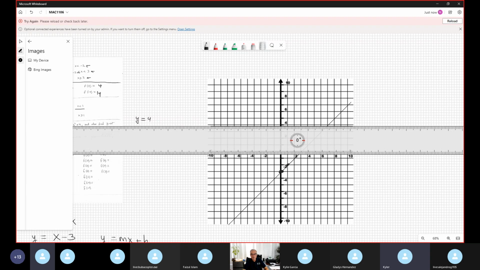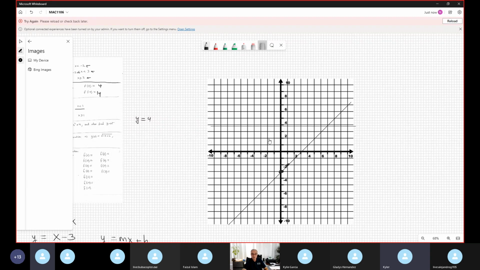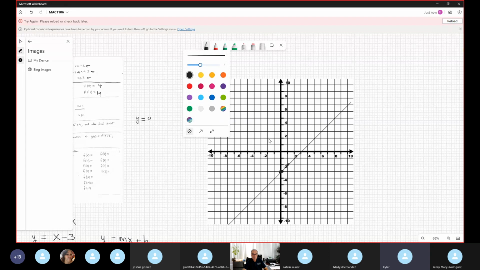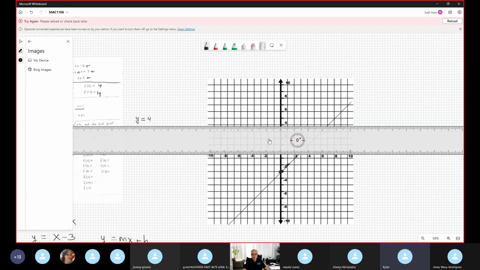So to do the graph by hand of the piecewise function, I did not do it well. Let me fix it a little bit. Okay. Boom. Try again. Ruler again.